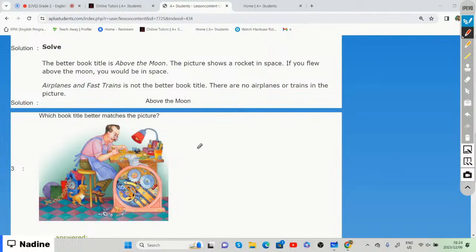So if we look at this picture, we see someone that is busy. Is it painting or fixing something? The puppy is trying to get his attention. So he is a hard working man. But now, what do we think the title might be?